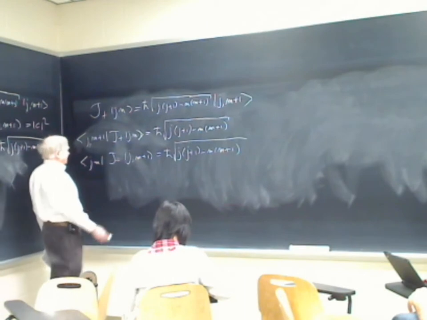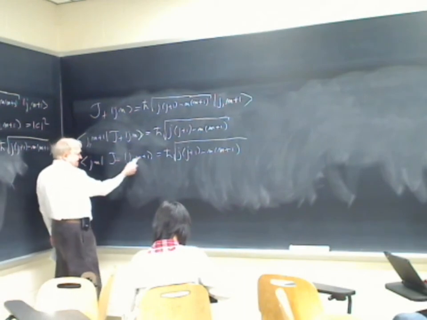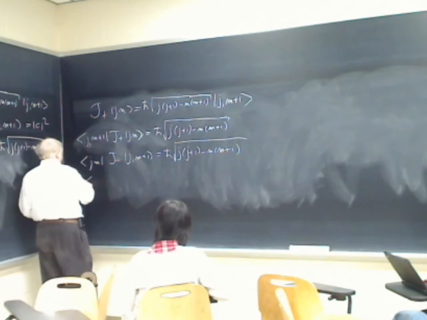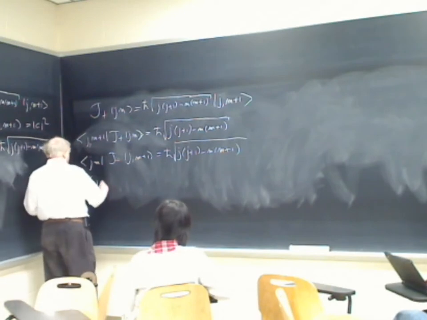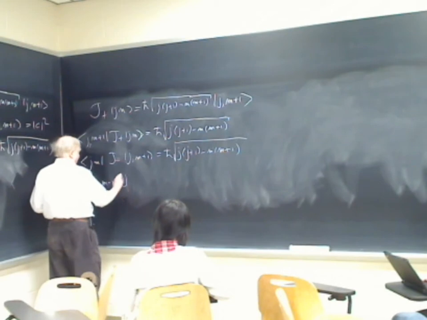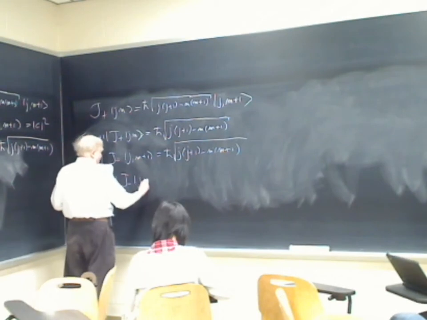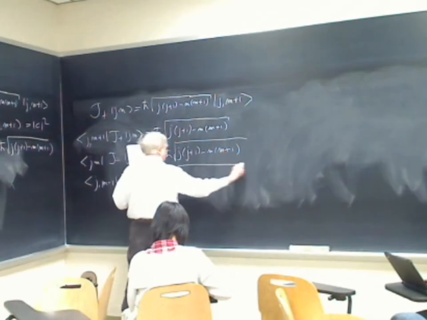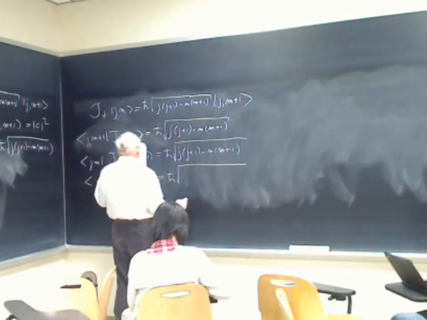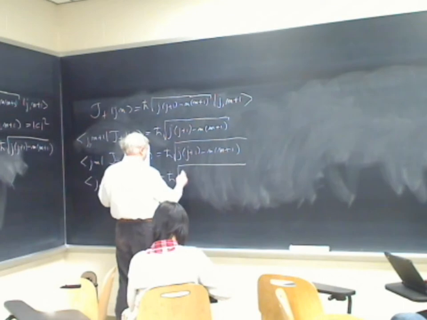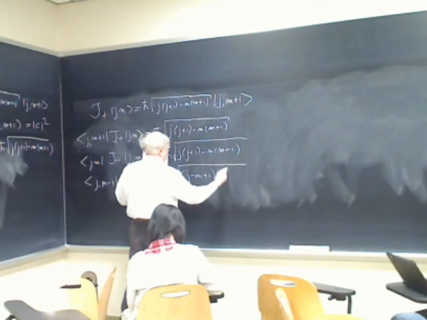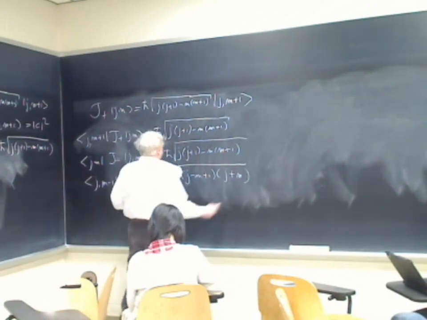But normally we like to have what J minus does on the state jm, so we subtract 1 from m in this equation, and we get <j,m-1|J minus|j,m> equals h bar, and the square root is factorized now: j minus m plus 1, j plus m.